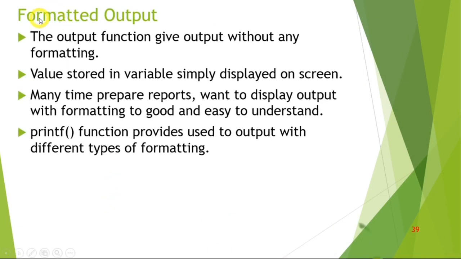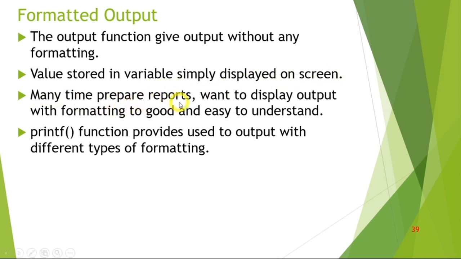Now formatted output. See, the output functions give output without any formatting. This is very simple, whatever output is given by C is without formatting. A value stored in a variable is simply displayed on the screen.